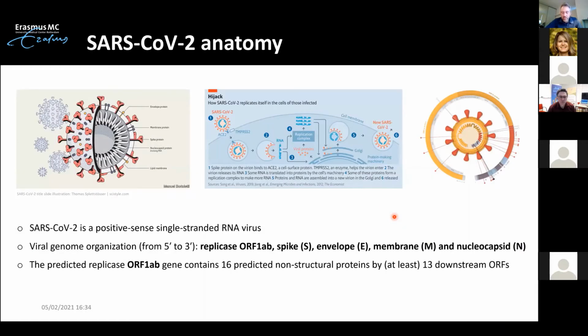So the virus is built up of an RNA strand, several proteins, and the envelope protein E. You've seen this in the previous talks already, surrounded by a lipid membrane. And the precursor protein ORF1ab is translated and then proteolytically cleaved into functional proteins.